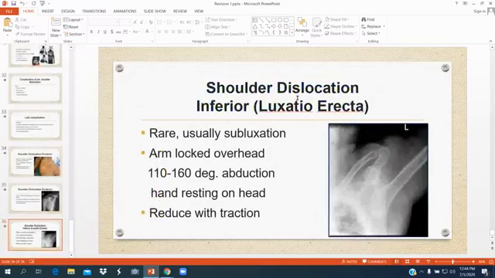Okay, so this is all about shoulder dislocation, which is very common. If I give the summary, the anterior type is pretty common, about 95%. Posterior type is rare, about 5%, and inferior type is very rare.